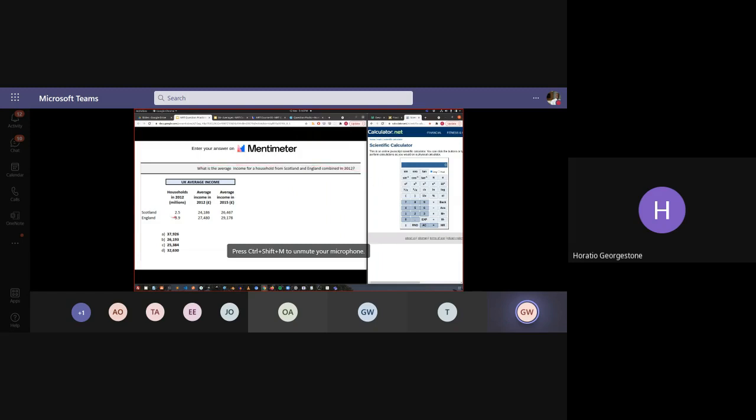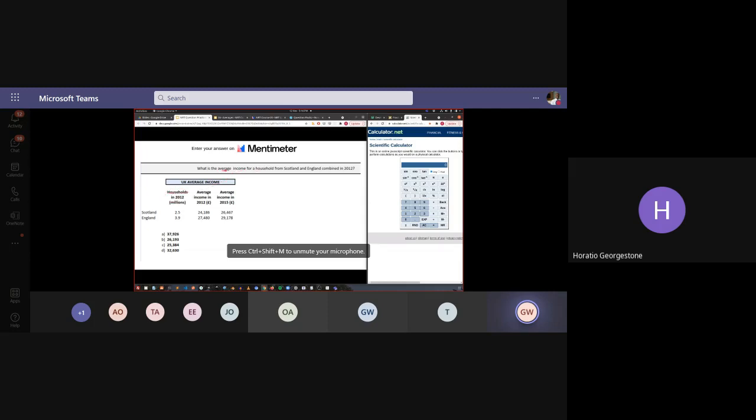So in this case, there aren't two items, there are two subsets of items. There's 2.5 million items in the Scotland subset, and there's 3.9 million items in the England subset. In this example, the items are households.